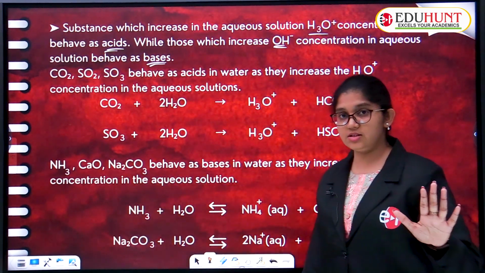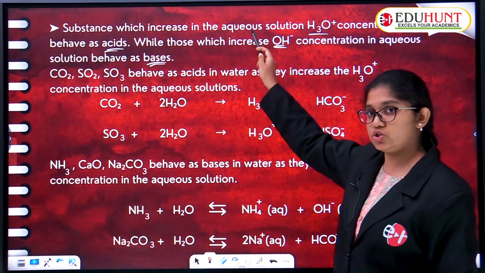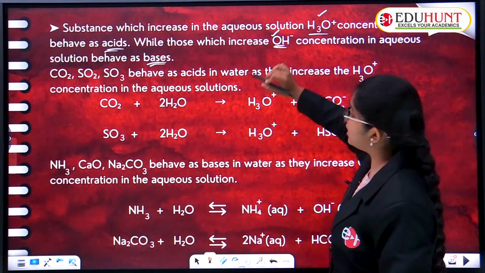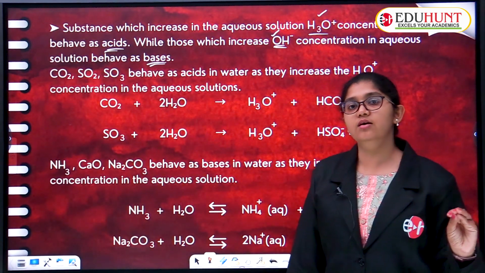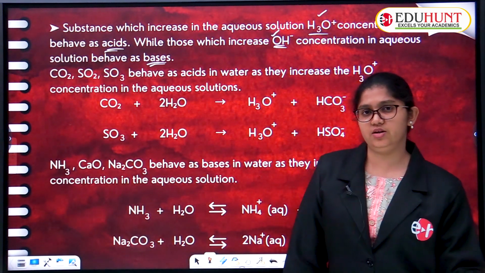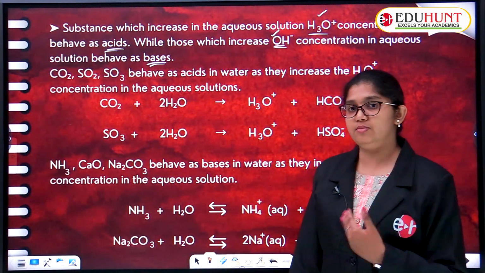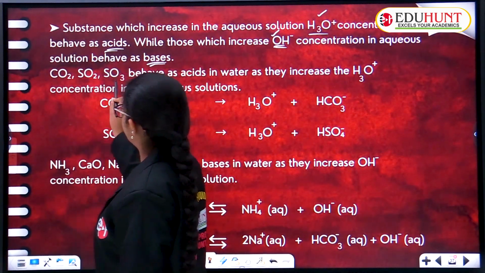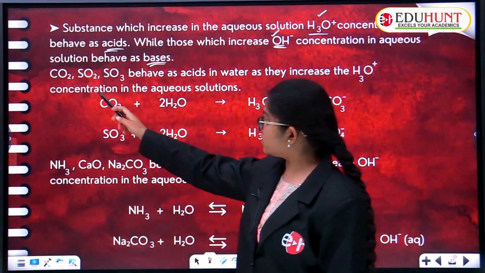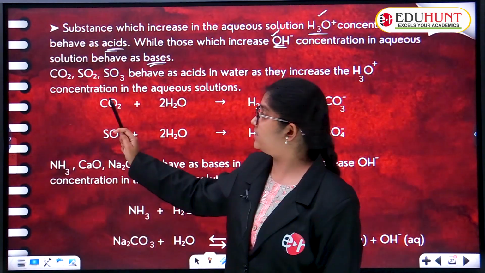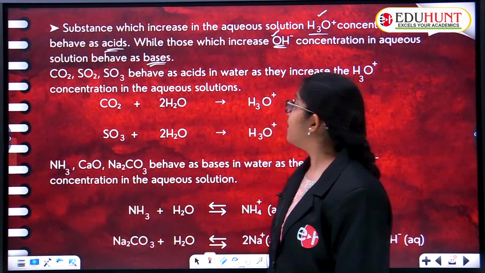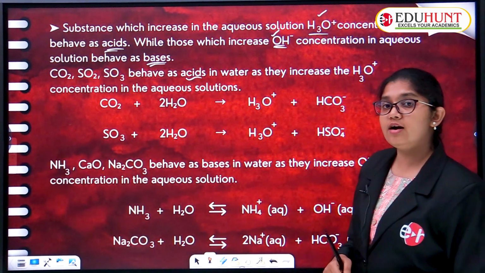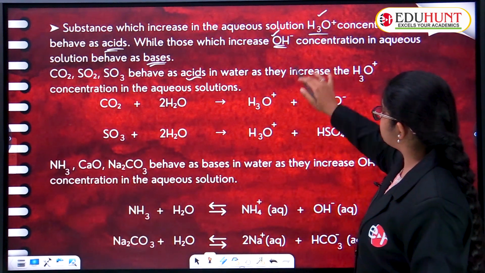So the substances which increase H3O plus in aqueous solution are named as acids, and those which increase OH minus ions are named as bases. By that they gave the definitions regarding SO3, SO2, P2O5, BF3, all these things. See, CO2, SO2, SO3, namely carbon dioxide, sulfur dioxide, sulfur trioxide, behave as acids in water, because the substance is giving H3O plus ions.